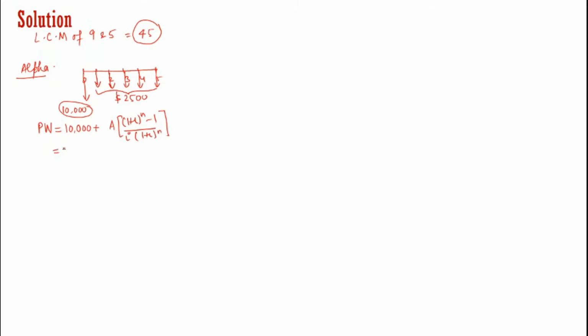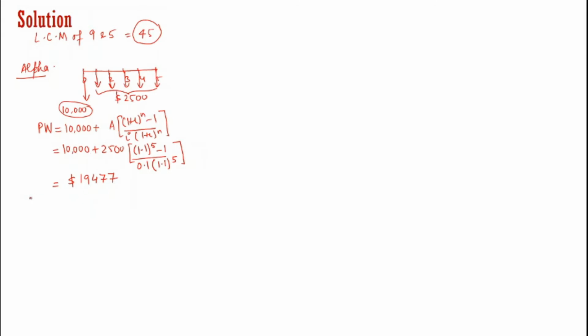If I just fill up the values, 10,000 as it is, A is given as 2500, i is given as 10%, so it will be (1.1^5 minus 1) upon 0.1 into 1.1^5. If I compute this, this comes out to be $19,477.